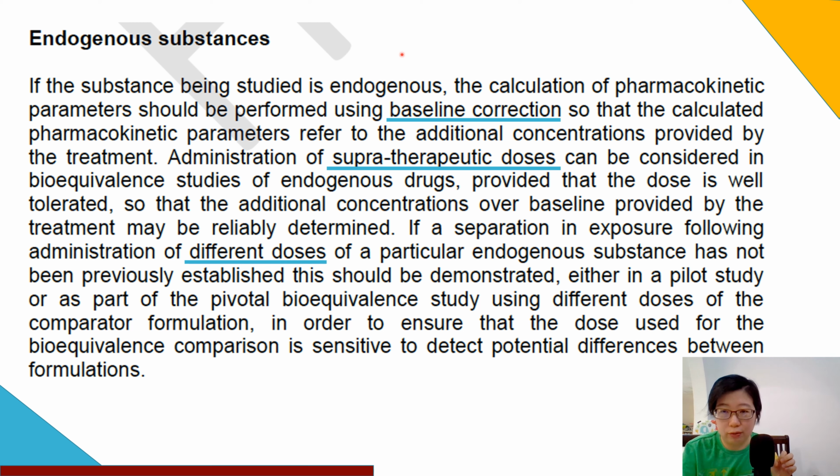That's the main purpose. As mentioned earlier on, those in the clinical setting who need an endogenous substance are those who have a deficiency in it. So that's why the additional amount would be sufficient for them.